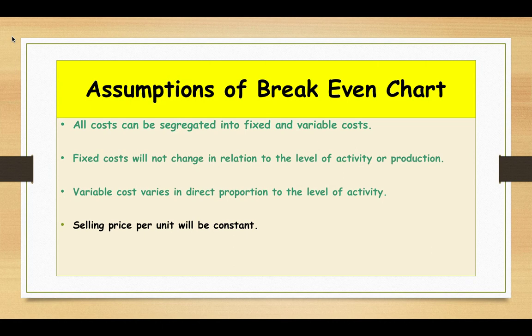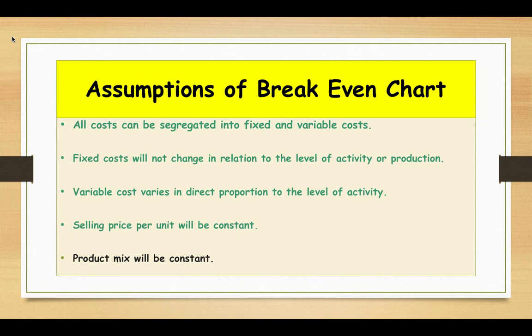The next assumption is selling price per unit is constant. So even if the production increases, thereby the supply will increase, or whatever happens, say even if there is competition in the market, the break-even chart assumes the selling price will be constant, selling price per unit.